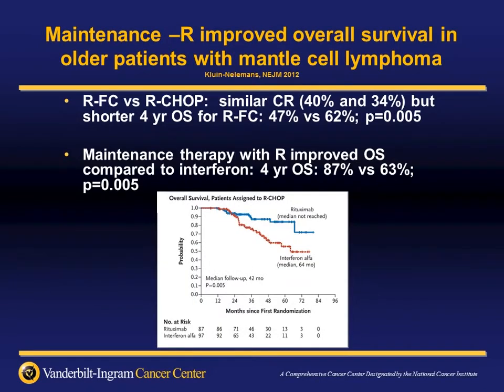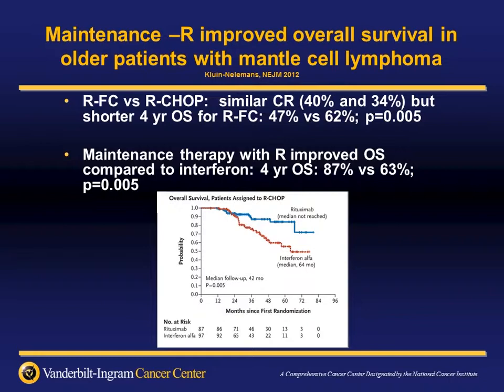Just as I told you, I'm not a big fan of maintenance, but when I make a statement like that, along come all these trials showing that maintenance does improve overall survival in mantle cell lymphoma. So this was reported in the New England Journal of Medicine in patients who were not going to be transplanted, usually because they were older.